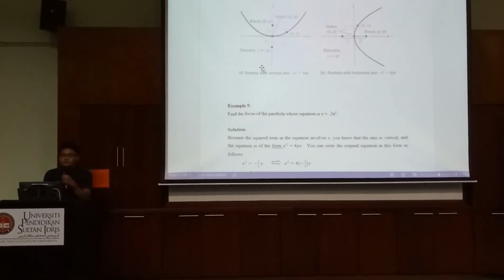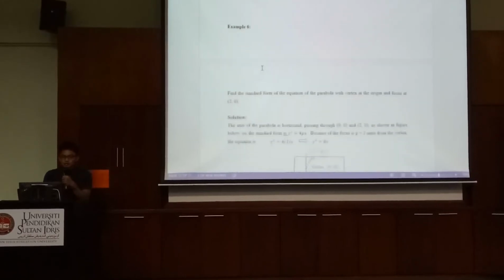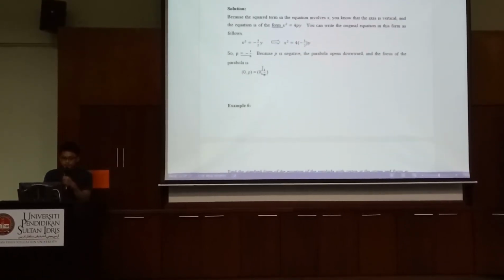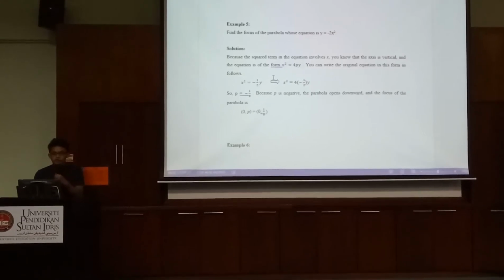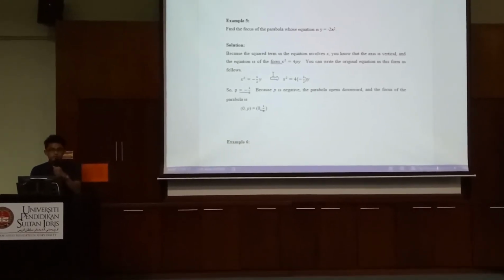Okay, for example, for parabolas, the question is find the focus of the parabola whose equation is y equal to negative 2x squared. Okay, for the solution, because the square term in the equation is x, you know that the axis is vertical and the equation is of the form x squared equal to 4py. So you can write the original equation in this form as follows.